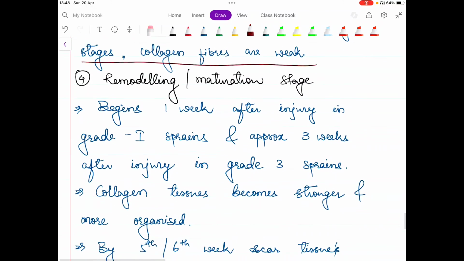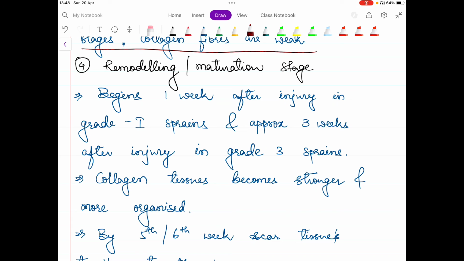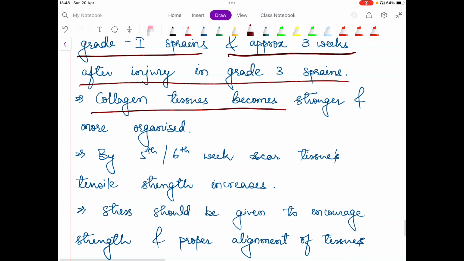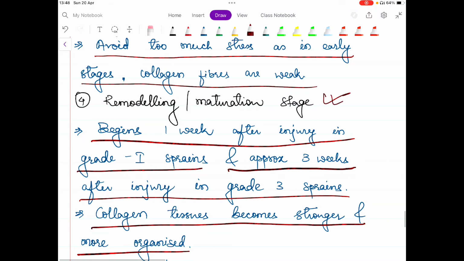Then the last one is the remodeling or maturation stage, which begins 1 week after the injury in grade 1 sprain and approximately 3 weeks after injury in grade 3 sprain. The collagen tissues become stronger and more organized in the remodeling or maturation phase.